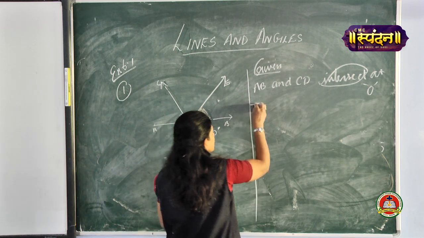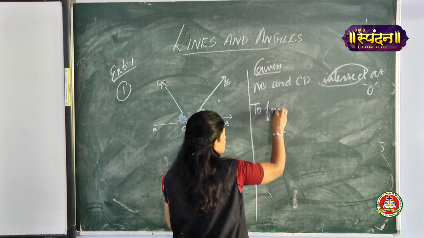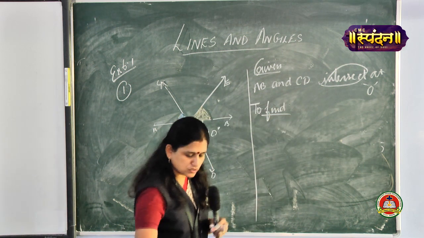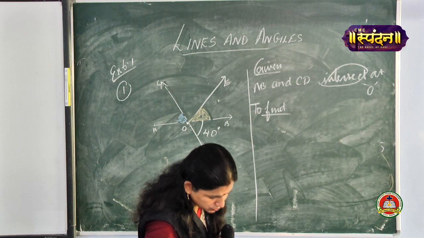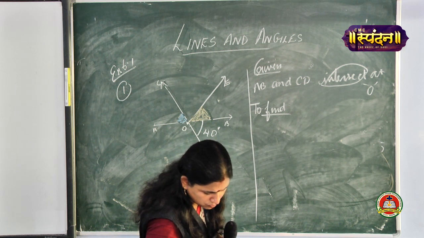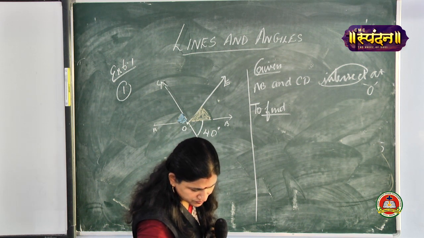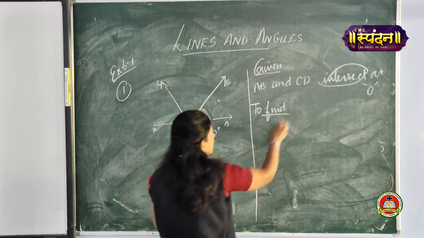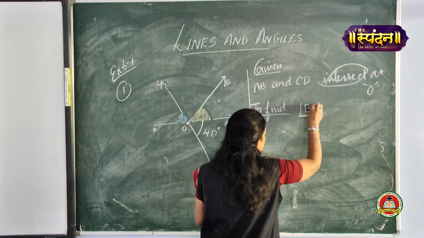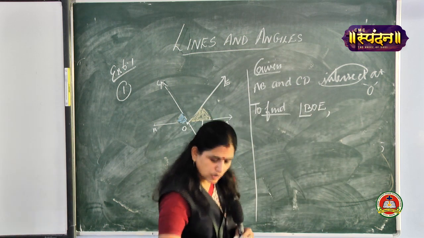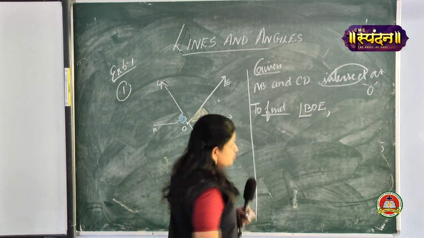Next, what is asked? If something is asked, you write to find. What is to be found? First one, you have to find angle BOE.